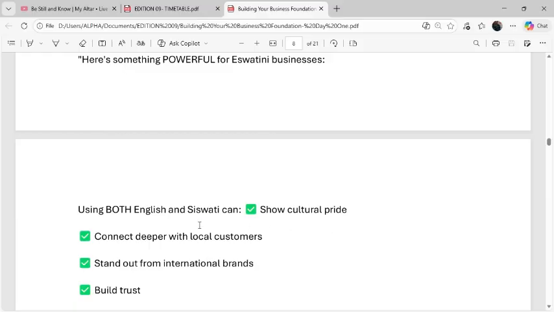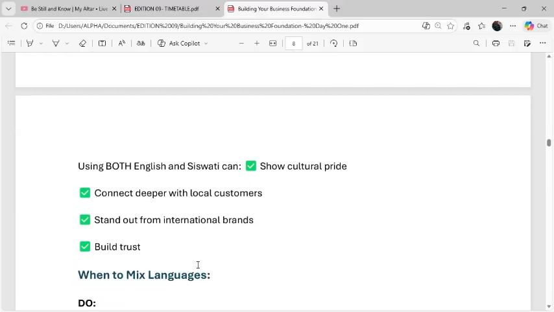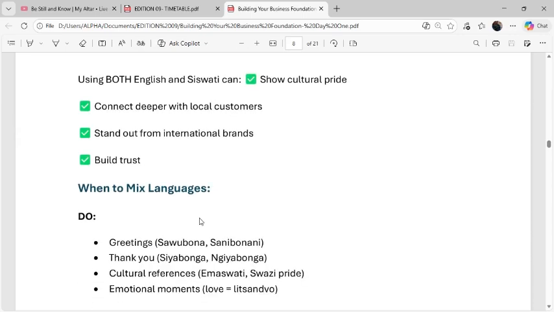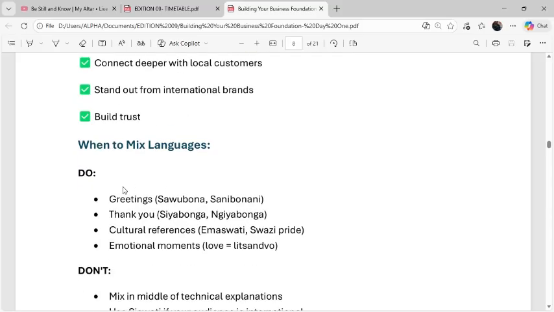When to mix languages, look at this. This is what you should do. For greetings: sawubona, sanibonani. Thank you: siyabonga, ngiyabonga. Cultural references: emaswati, Swazi pride. Emotional moments: love, right?